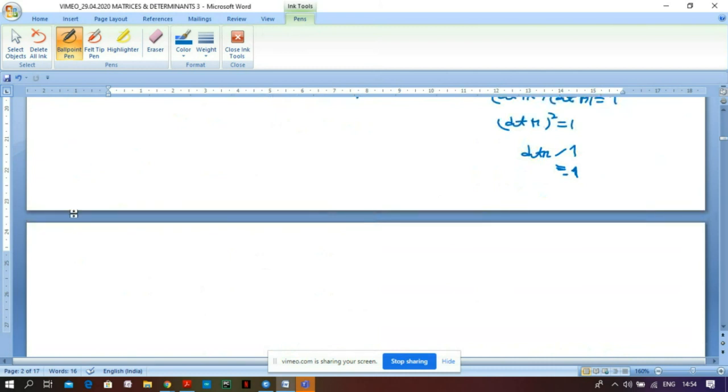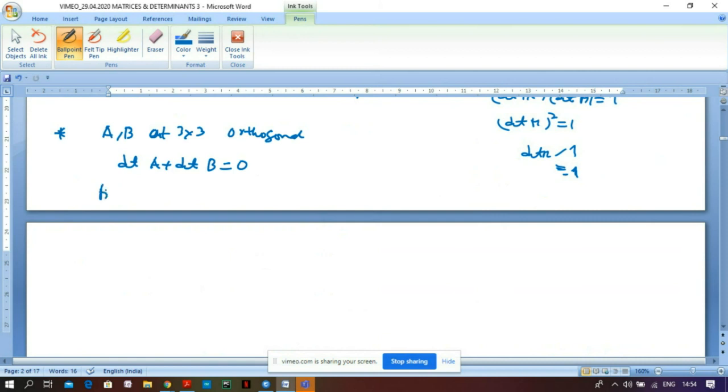So the generalization will look like this: now instead of one matrix, there are two matrices, A and B, of 3 by 3 square matrices, orthogonal. So they are both orthogonal. And det of A plus det of B equals 0.